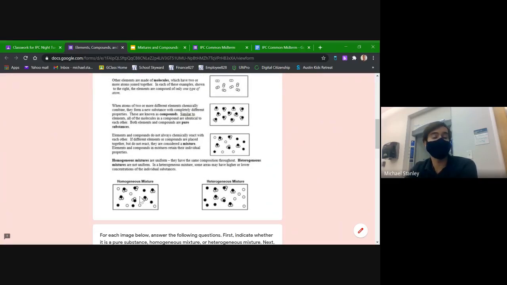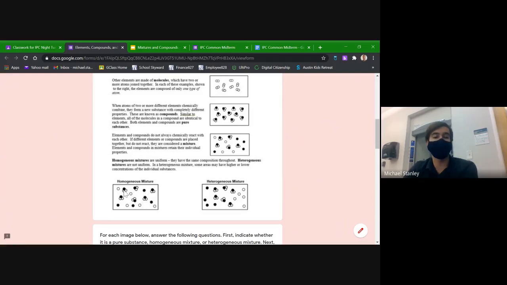And then down here, it gives an example of a homogeneous mixture or a heterogeneous mixture. So again, if you look at the homogeneous mixture over here on the left, you can see that even though we have different types of particles, so we have a black element, we have a white element, and then we have a black and white compound, they're all pretty evenly and equally spaced apart, right?